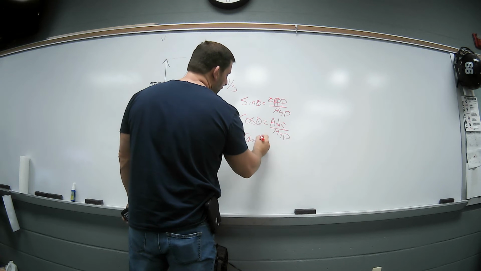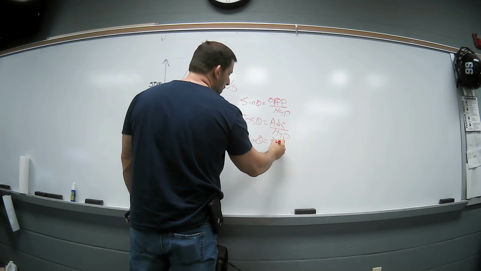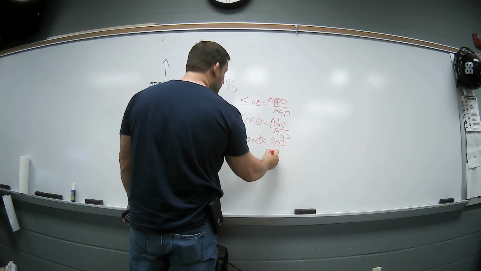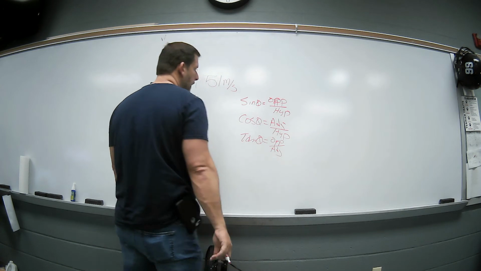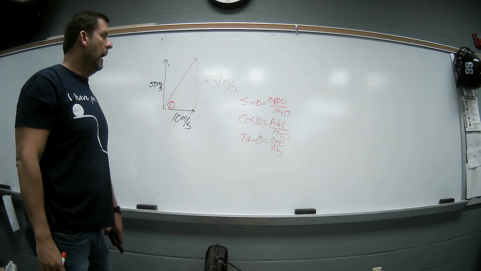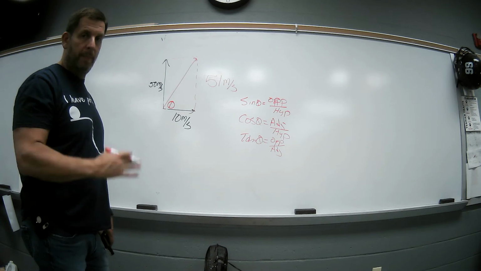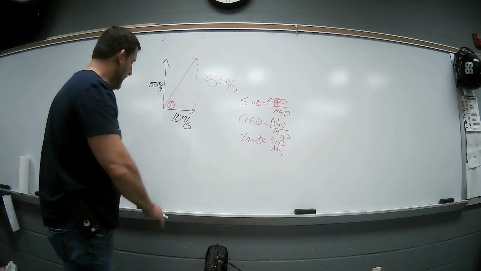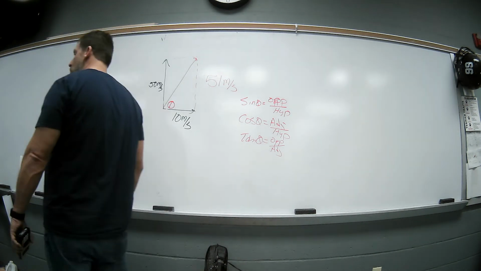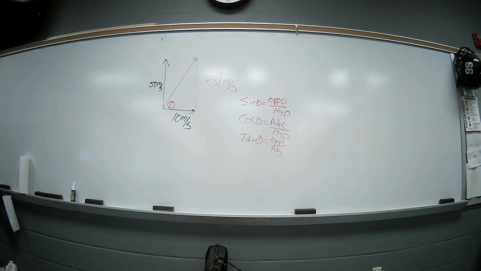Tangent of theta is equal to opposite over adjacent. All right? Opposite over hypotenuse is sine, adjacent over hypotenuse is cosine, and opposite over adjacent is tangent. All right, so give you a chance to write that down.